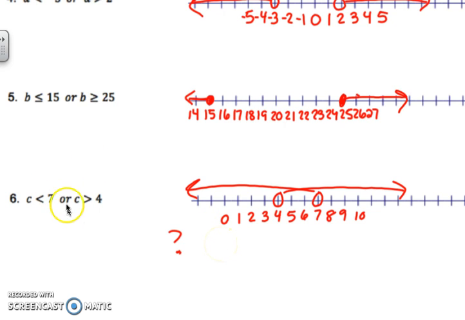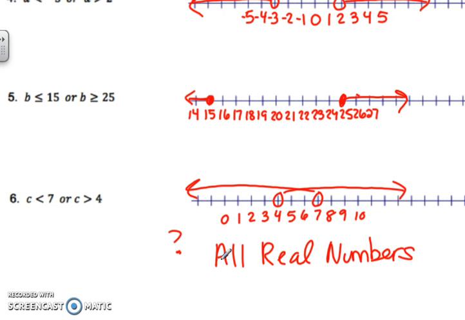So when you have an OR problem that is covering the right side and the left side, that's actually going to be all real numbers. You could also say infinitely many solutions.